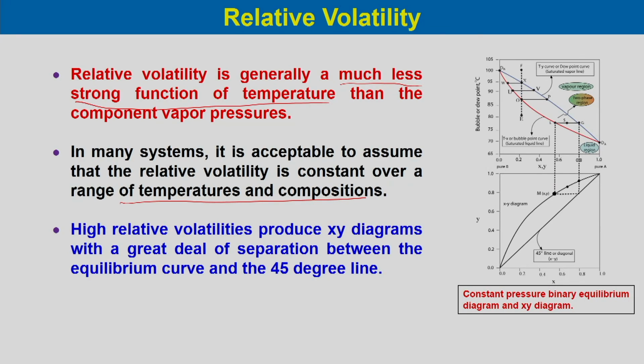High relative volatility produces an XY diagram with a greater separation between the equilibrium curve and the 45-degree diagonal. So, a higher relative volatility tells us about the departure of the equilibrium line from the 45-degree line.